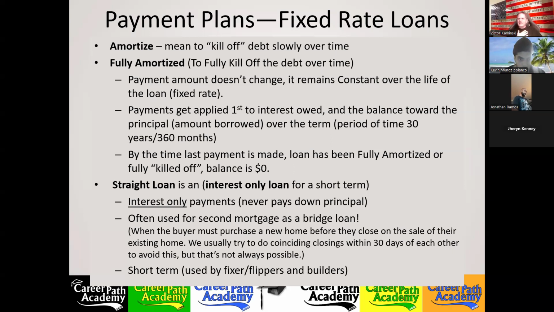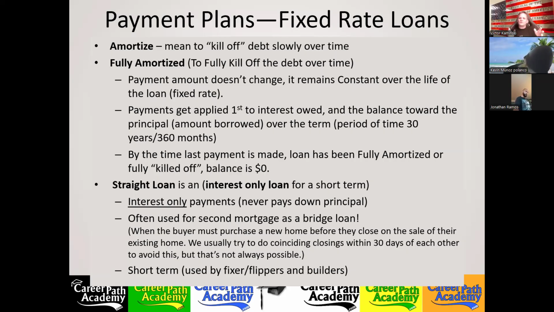So in real estate, what we as real estate agents usually do when somebody's selling one house and buying another is we try to close on their existing home within 30 days of their purchase of the next home, so that they don't have to make a mortgage payment on two loans.